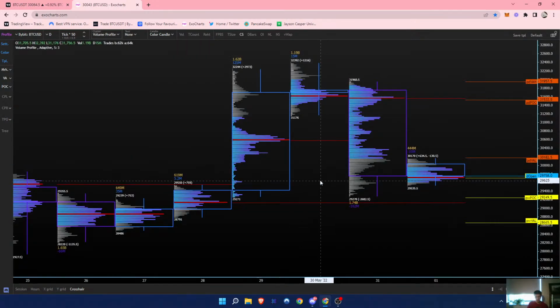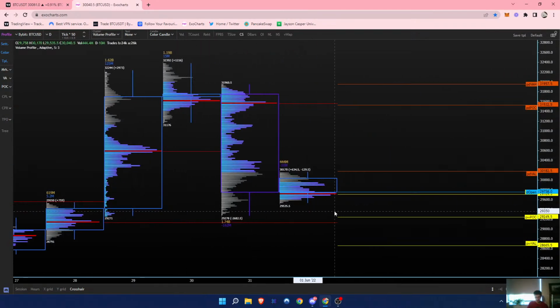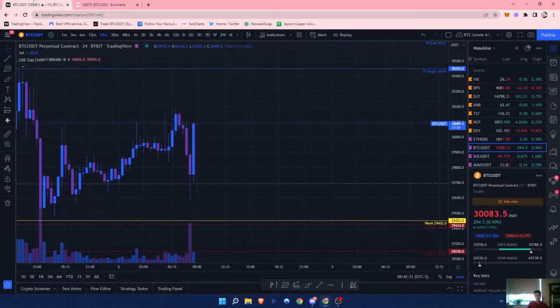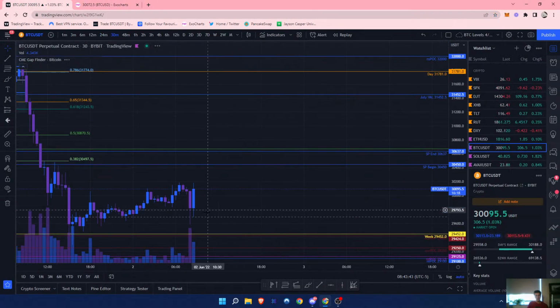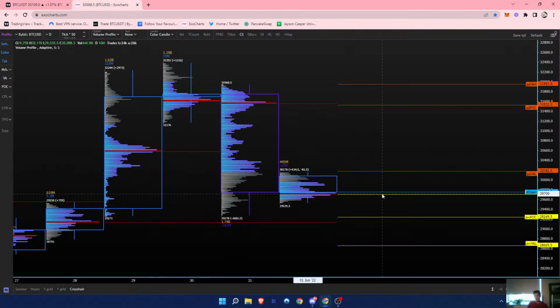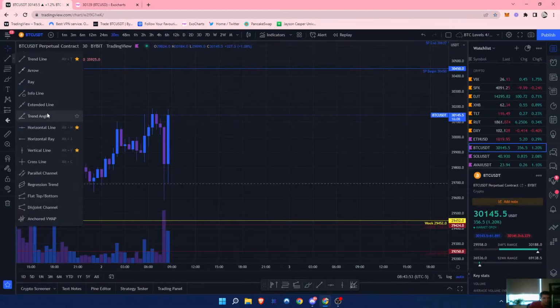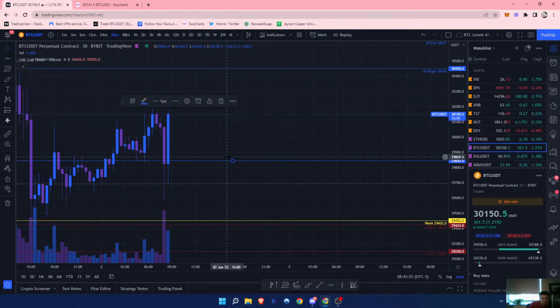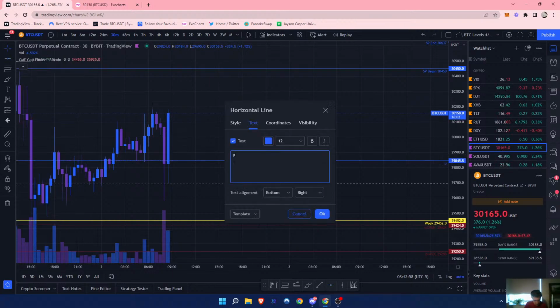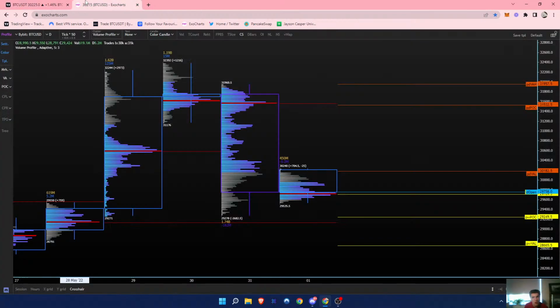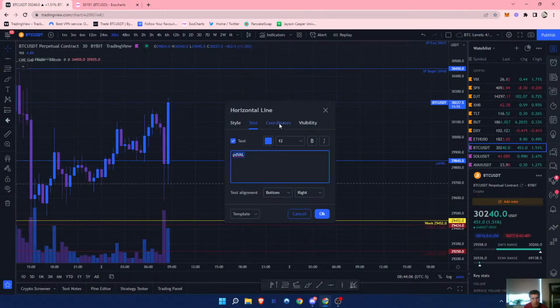Excuse me for burping right now. 80% setup possible: you get two 30-minute candle closes within this previous day value area low. But again, I don't totally trade like that, so I'll just mark that out on my chart. So at around 30,182. Let me jot that down. 30,182.